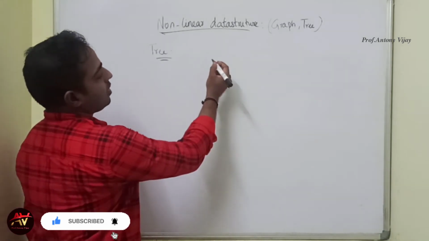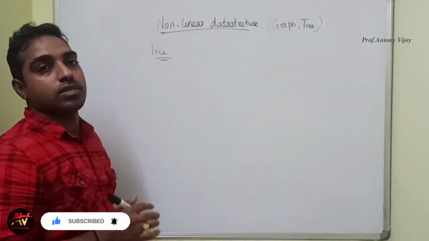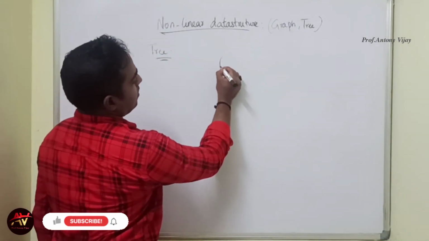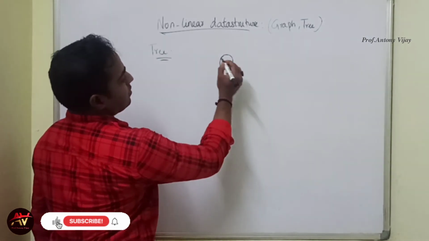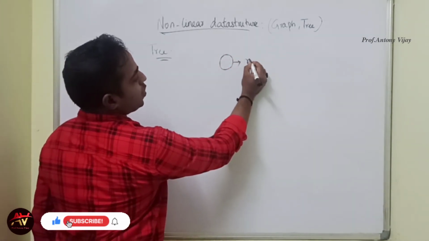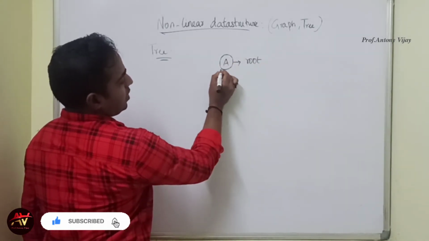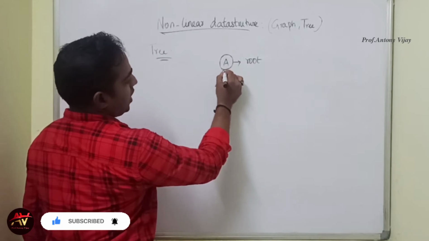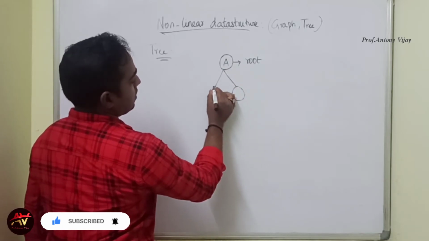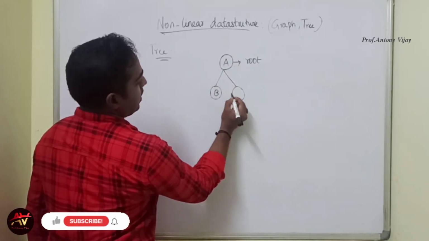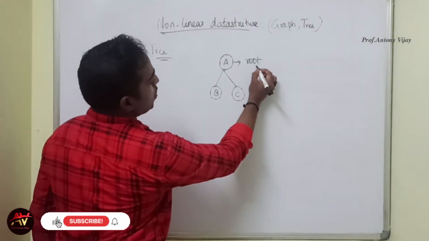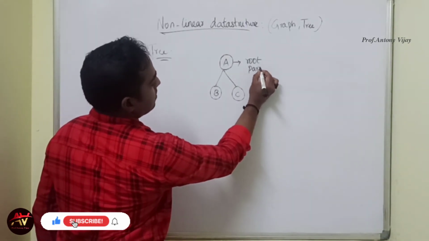For example, here the elements are called nodes. The first node is called the root node, for example, A. This A has two children, that is B and C. Root node is also called parent.